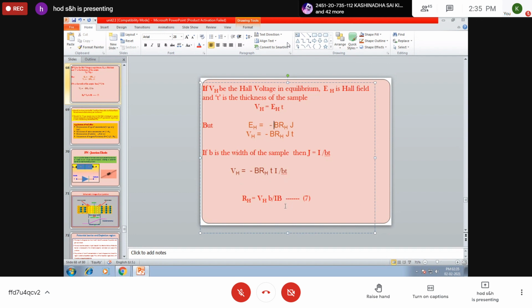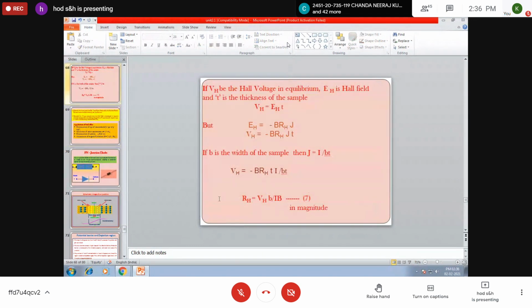The negative sign can be neglected; it is only a directional convention. In magnitude, you should neglect the negative sign. RH is equal to VH b by IB.